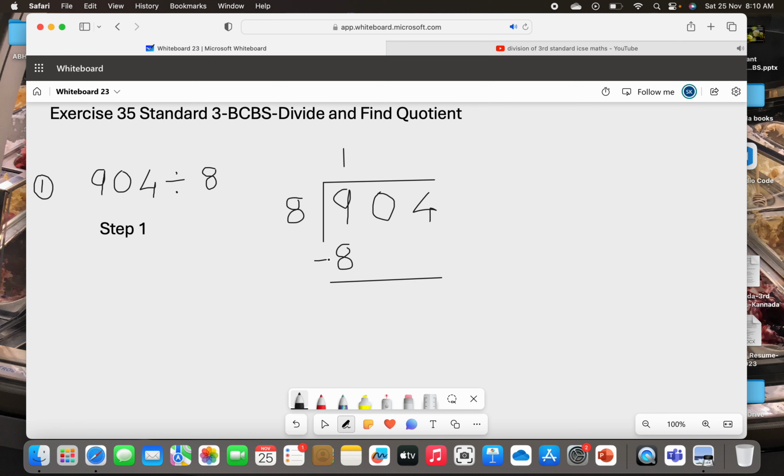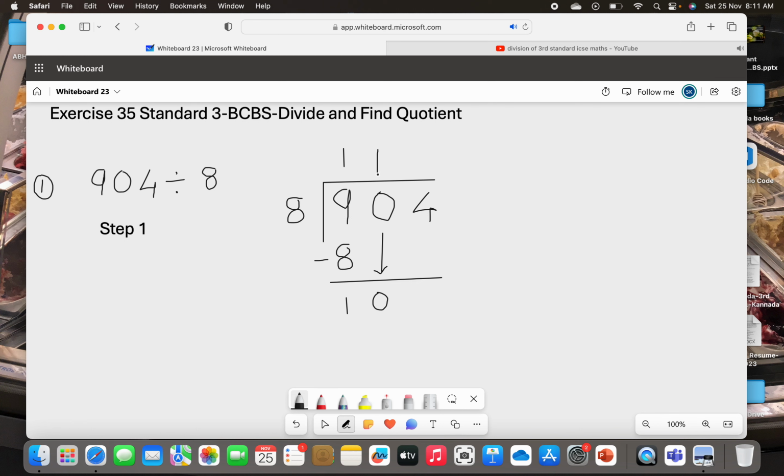Subtract 8 from 9, you get the remainder 1. Now 1 is not greater than 8, right? So you need to pull down the next number and make it 10, which is now greater than 8.